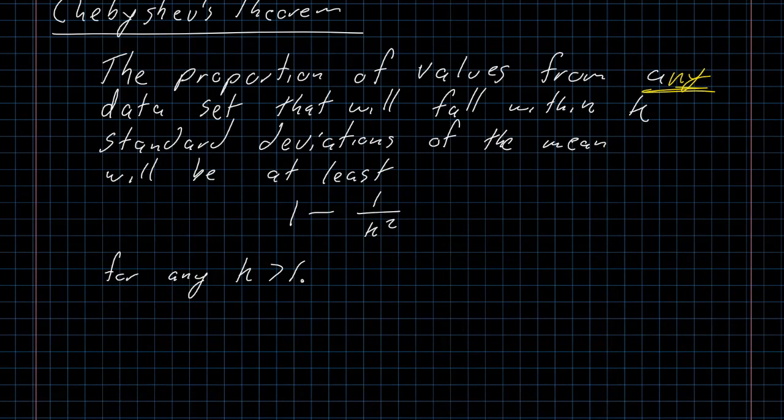Right. The key idea here, the reason that this is useful and worth talking about, is that this will hold for any data set. The empirical rule that we started off today with relied on a normal distribution, a nice bit of symmetry.